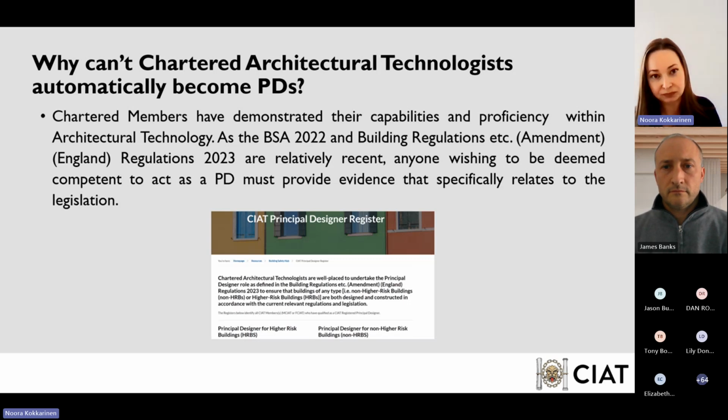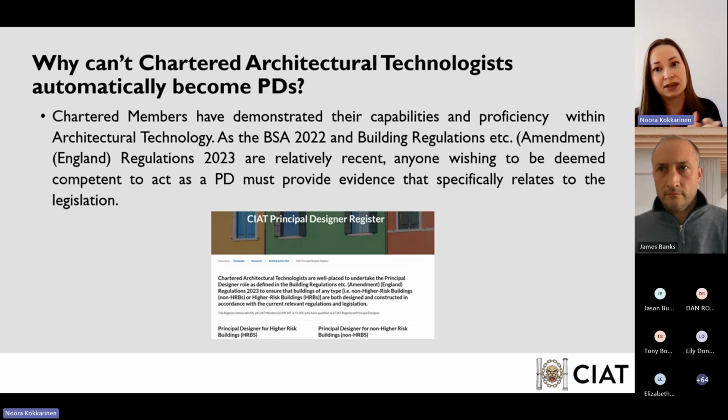So while the professional assessment route, which is the most common route to become chartered, details an individual's knowledge and experience based on their scope of practice, by going through a professional assessment method, it allows us as the Institute to determine that they are offering services within their technical expertise and professional capabilities.